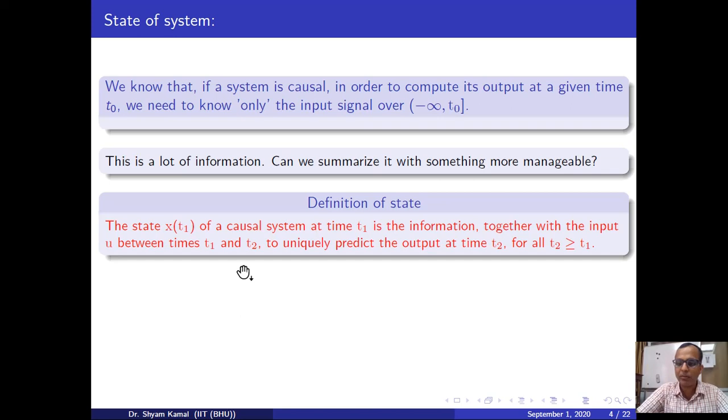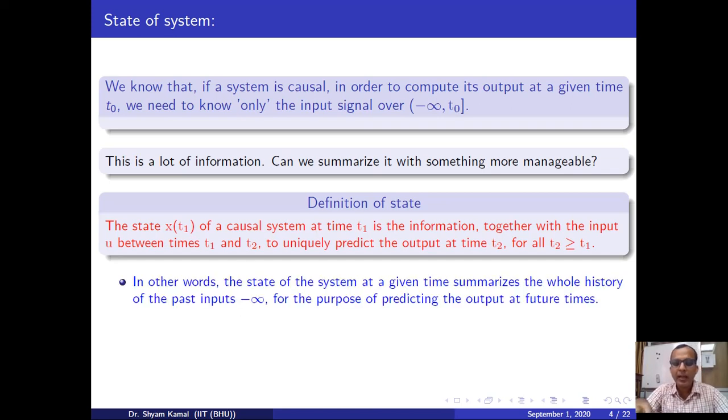That is some kind of accumulated value, and in the previous class we saw that it is nothing but the initial condition at t equal to 0, some number. So in other words, the state of a system at a given time summarizes the whole history of the past input from minus infinity, for the purpose of predicting the output at a future time.